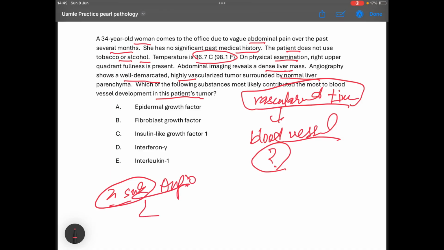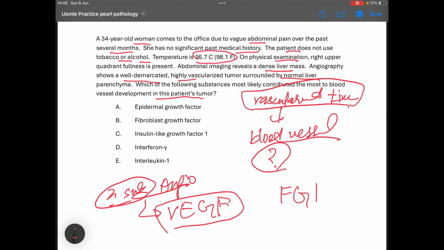The first is vascular endothelial growth factor. Vascular endothelial growth factor stimulates angiogenesis in reactive tissues, whether the tissue is normal, chronically inflamed, healing, or neoplastic. That's the first, vascular endothelial growth factor, and the second is FGF, which stands for fibroblast growth factor.